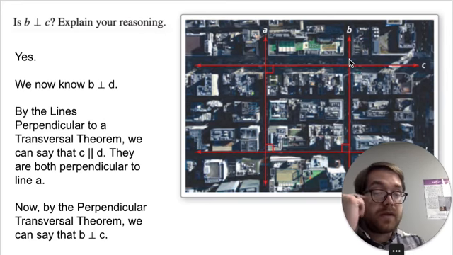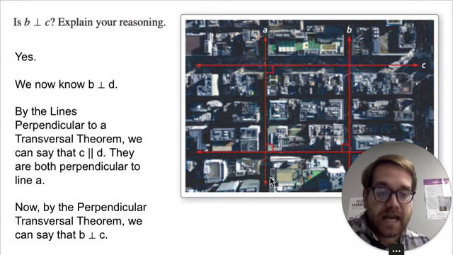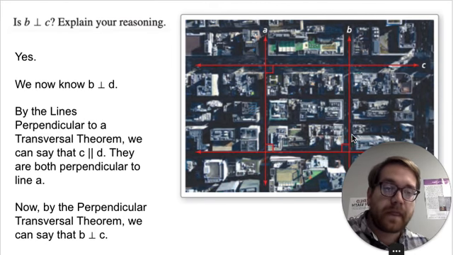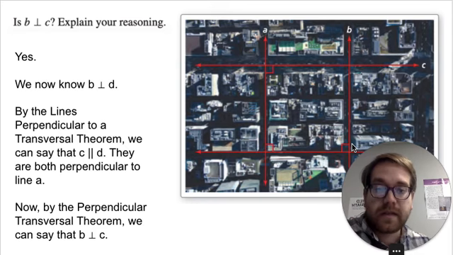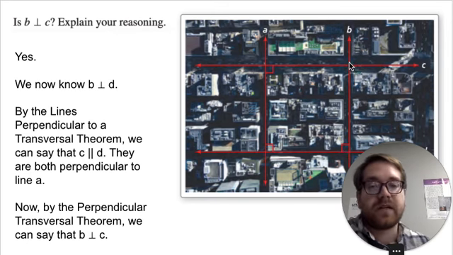If we recap, since C and D are both perpendicular to A, C and D are parallel to each other. That's the lines perpendicular to a transversal theorem. Then since B is perpendicular to D, and D and C are parallel, the perpendicular transversal theorem says that B is also perpendicular to C, because if it's perpendicular to one of the parallel lines, it's perpendicular to the other.